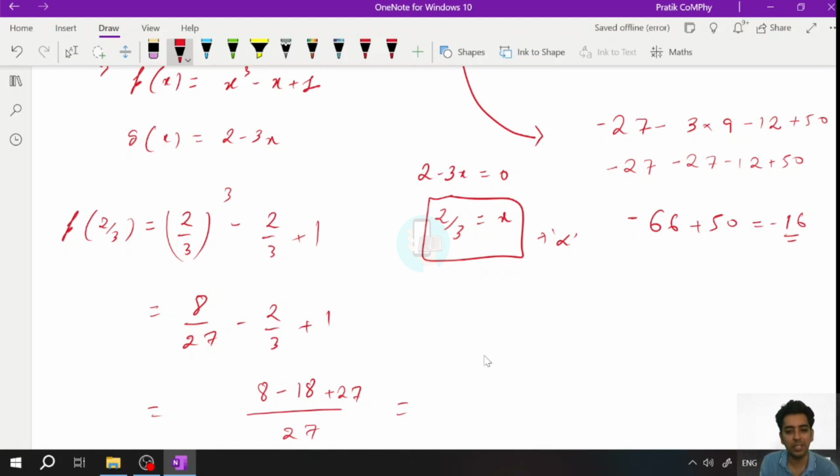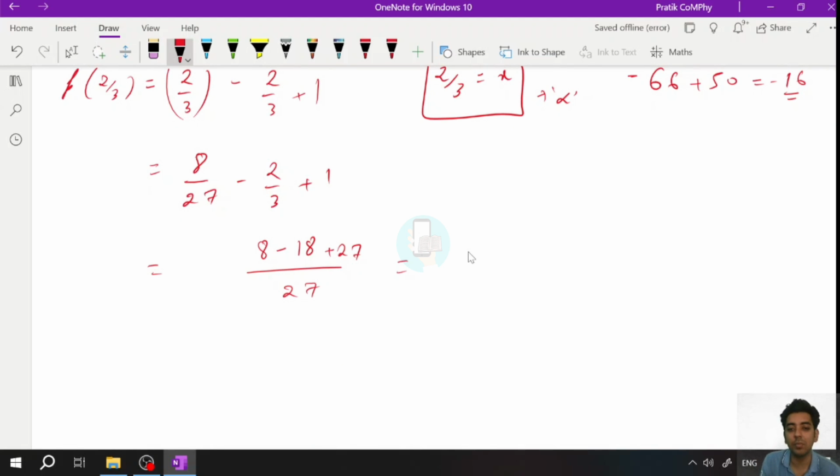8/27, 2/3 plus 1 is normal calculation. 9 times 2 would be giving me 18, yeah, and plus this would be 27. Absolutely right. So 8 minus 18 would be minus 10 plus 27. So 27 minus 10, 17/27, which surely is not equal to 0.